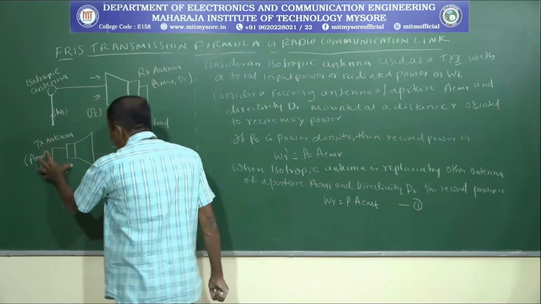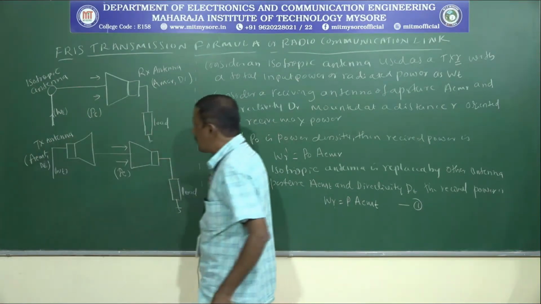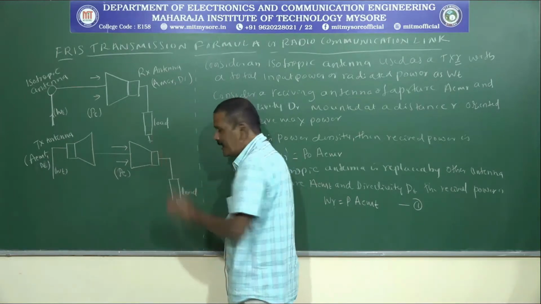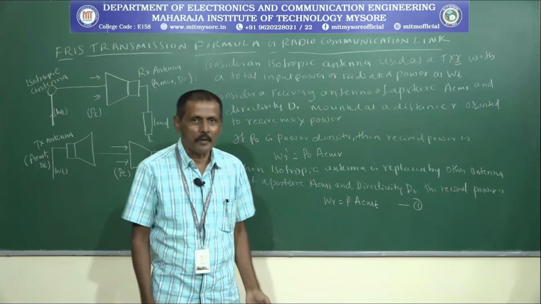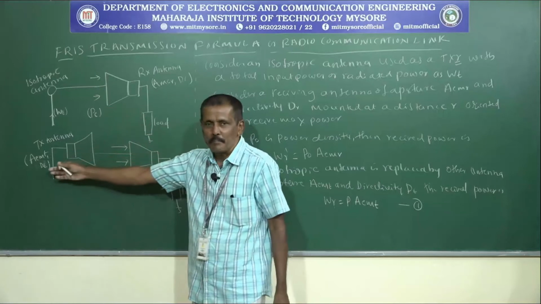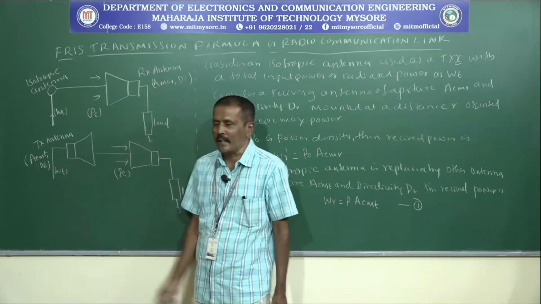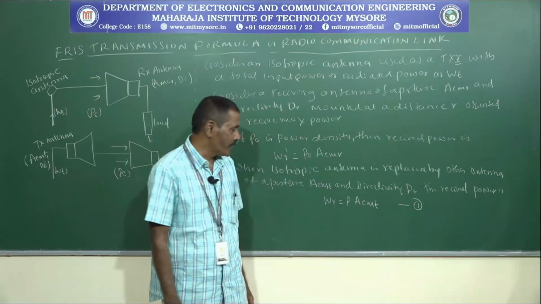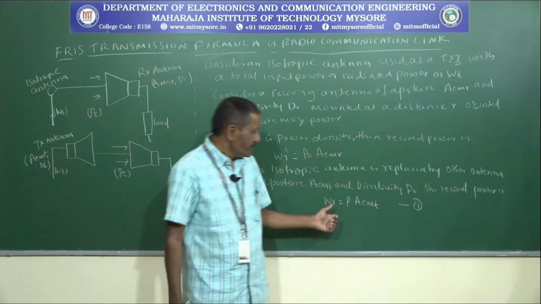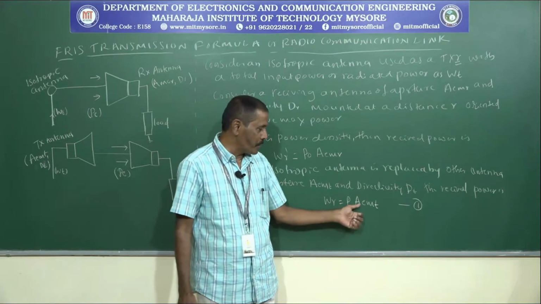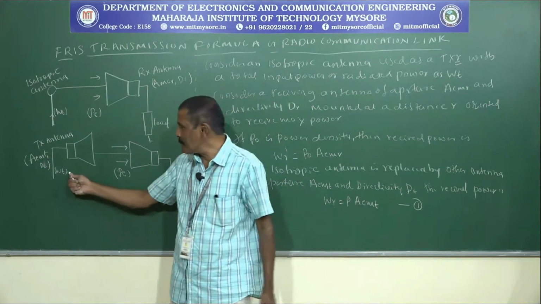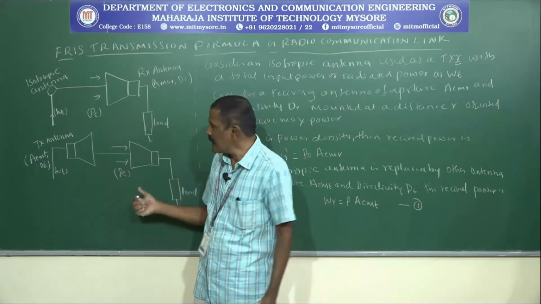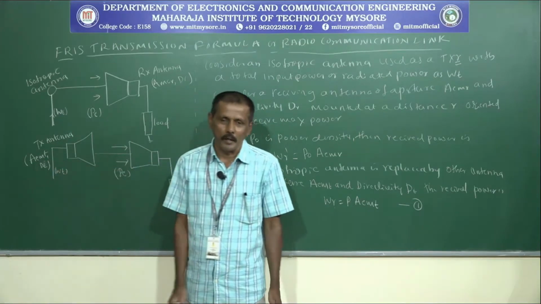Now, this antenna once again radiates the power and this antenna once again receives the power. Now we have to calculate how much of the power is transmitted by this antenna and how much of the power is received by this particular antenna. Then the received power is P into AEMT, where P is the power density of the signals and AEMT is the maximum effective aperture.